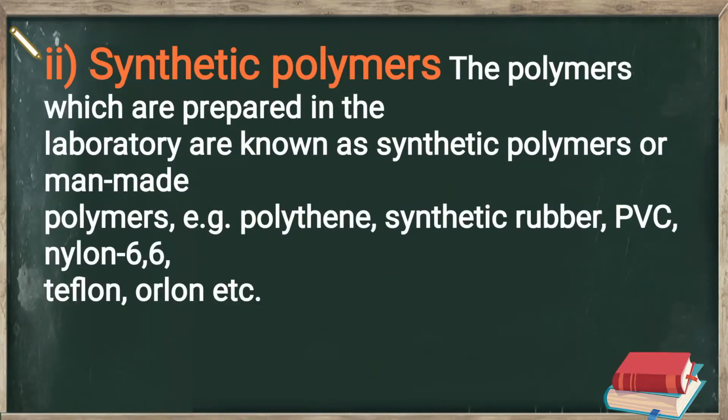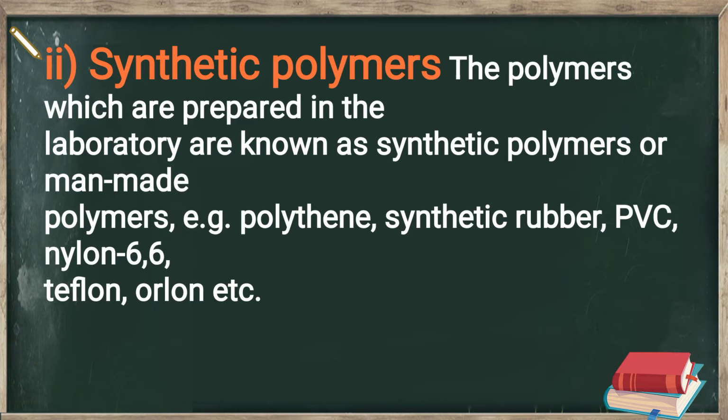Second is synthetic polymer. The polymers which are prepared in the laboratory are known as synthetic polymers or man-made polymers. As we know, natural polymers occur naturally. When some polymers do not occur in nature, we have to synthesize them in the laboratory.